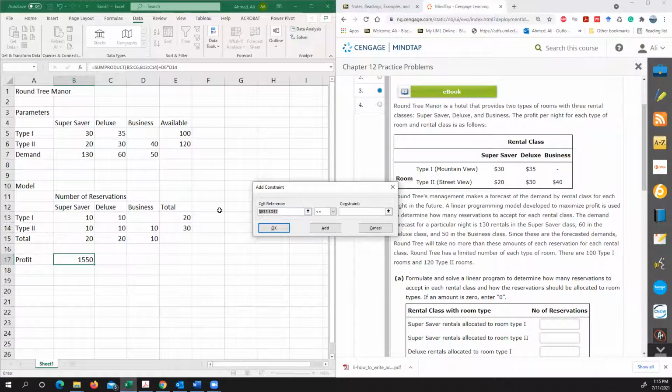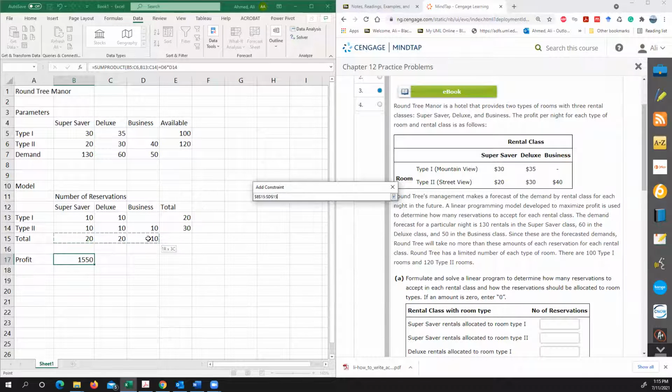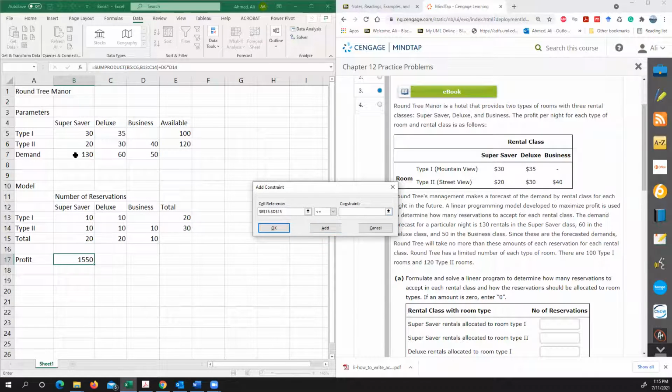I'm sorry, these values are less than or equal to these values. Does it make sense? We are saying the total reservations in each class cannot be above the forecasted demand. We know this from here.